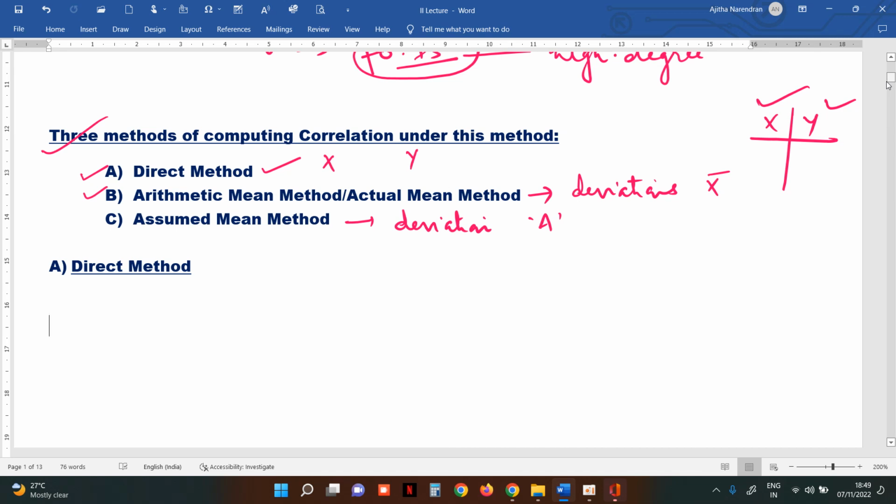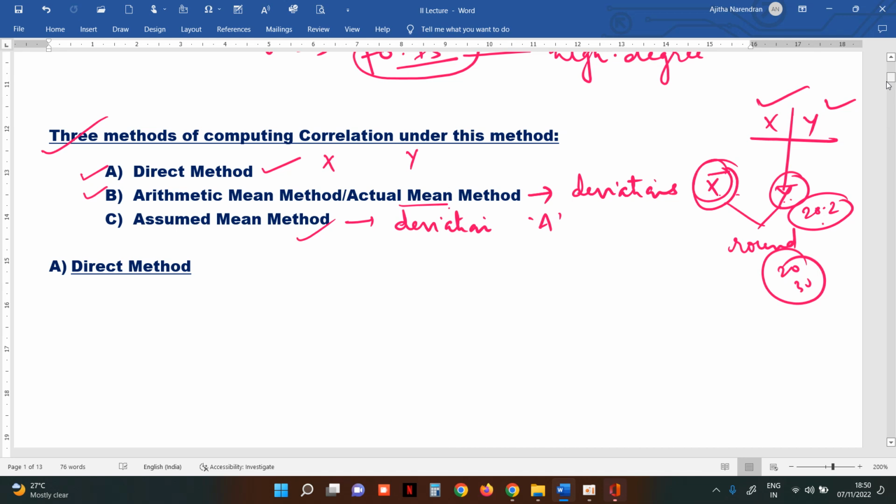In case of the arithmetic mean method, if the arithmetic means of both x and y come in round figures, like 20, 30, you can go for this method. If they come in fractions, it is better to go for the assumed mean method.